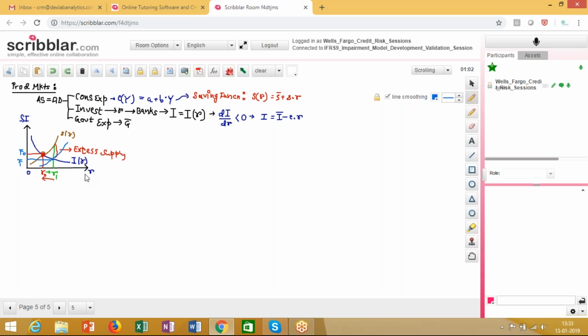Then you would end up with a lower amount of output and increased unemployment. And if this happens, then you are into a paradox of thrift.